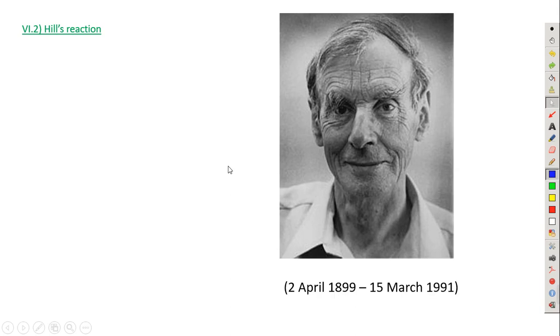He was quite an important scientist in the 20th century, and he worked in one of the biochemistry labs in Cambridge, and he did a lot of work on photosynthesis, and especially on the part which deals with these electrons. So you have a exercise to look at. We're going to study this exercise, which is based on Robert Hill's experiment.